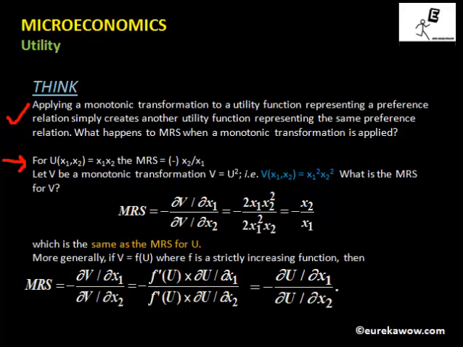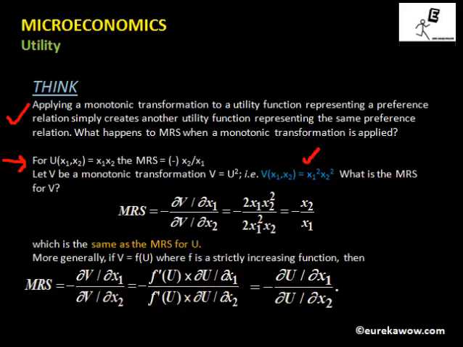Now we are going to take a monotonic transformation, v is equal to u square. So we have v(x1, x2) is equal to x1 square x2 square. Now we have to find MRS in this case, and we will try to find if the MRS remains the same.